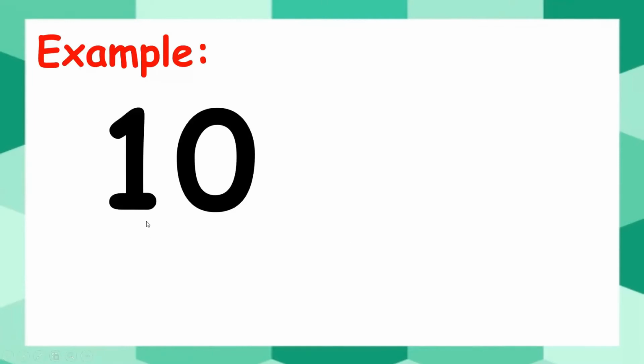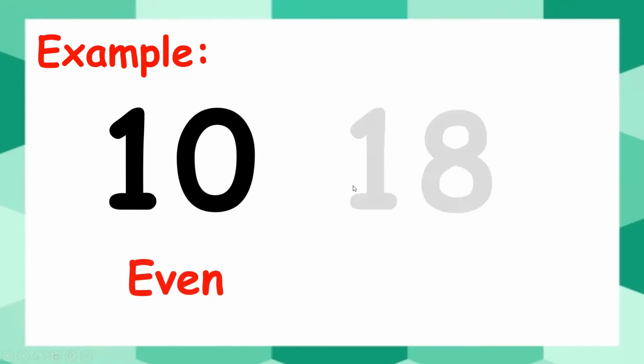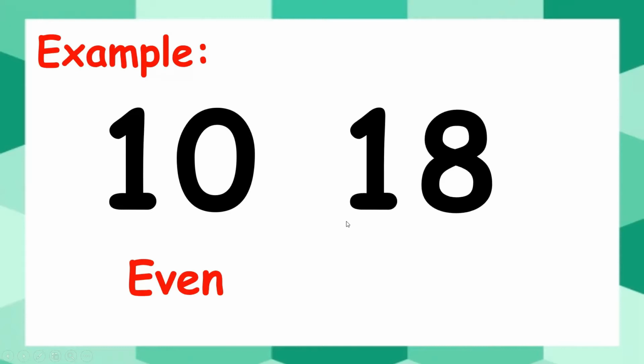Look at this number. This is number 10. Number 10 has 0 in the ones place, so it is called an even number. How about this number? This is number 18.